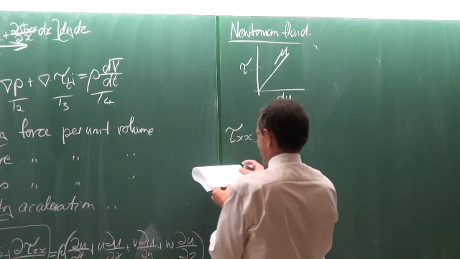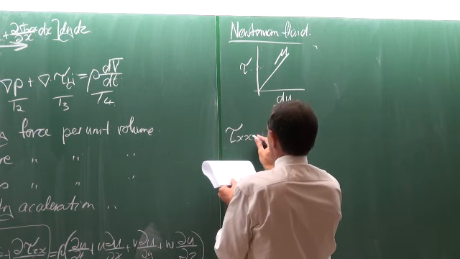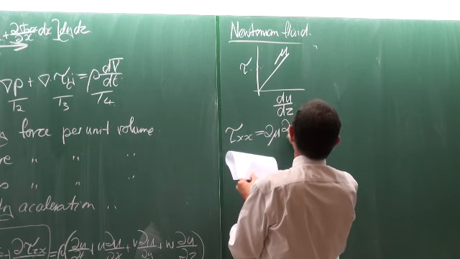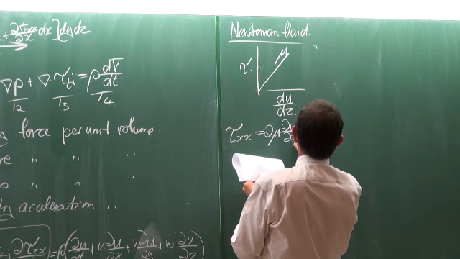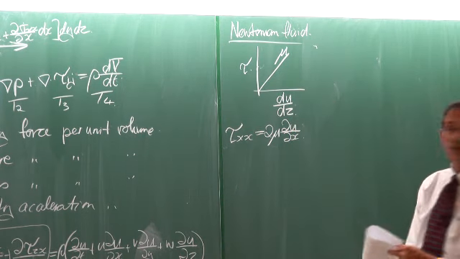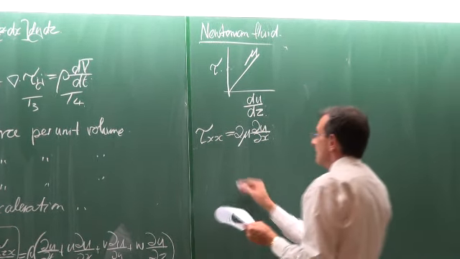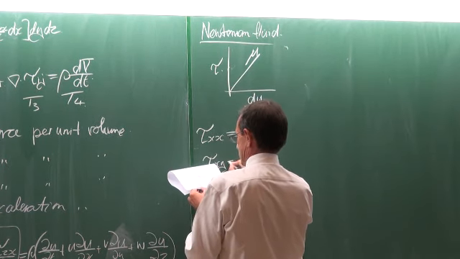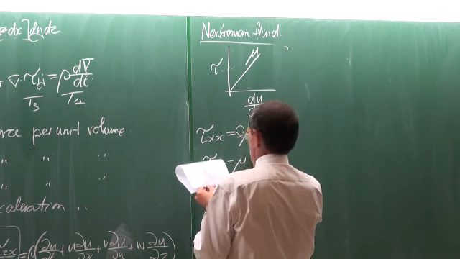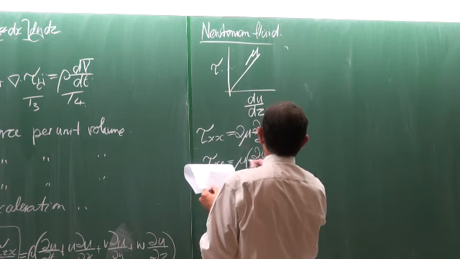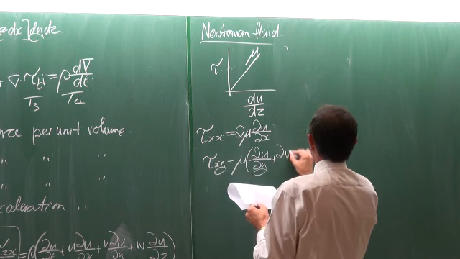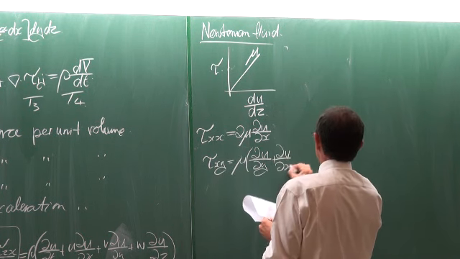So for those cases you can say that tau xx is equal to 2 times the viscosity multiplied by partial du dx, and tau xy is equal to mu multiplied by partial du dy plus partial dv dx.